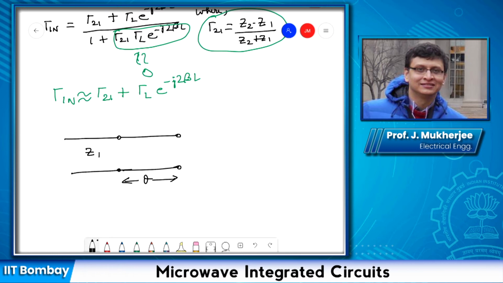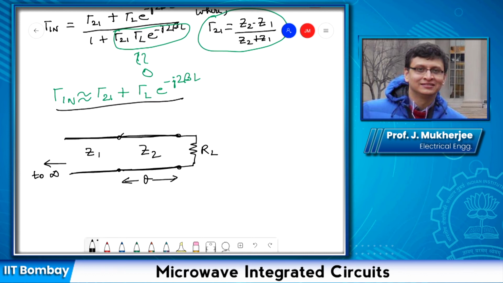It could be a quarter wave transformer as well, in that case theta will be pi by 2. And finally, this is my load RL. So this is a transmission line. Now, what does this equation signify in physical terms?